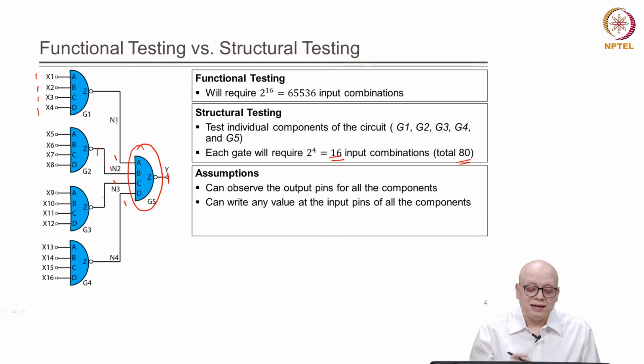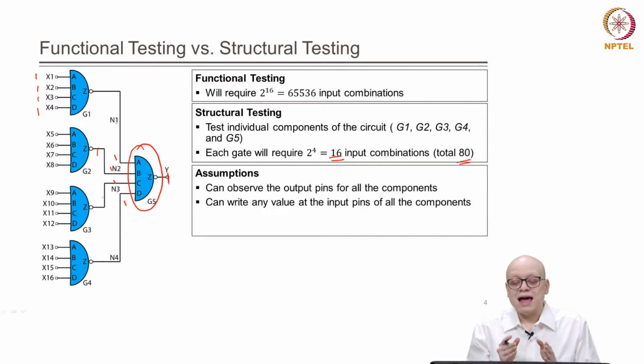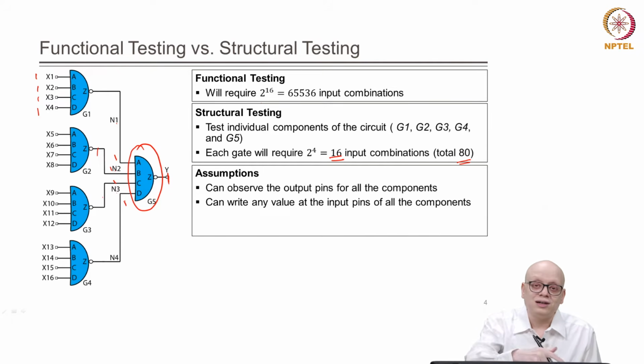But the nets N1, N2, N3, N4 are internal nets. Those are not directly accessible to the automatic test equipment, and therefore, the assumption that we can write any value at the internal nodes of the circuit is not correct, right.